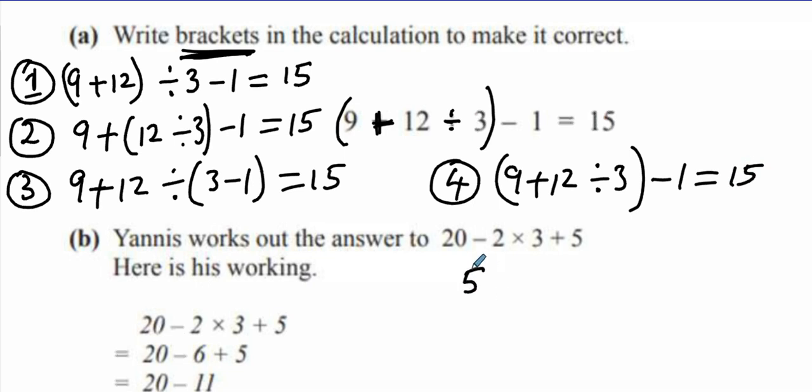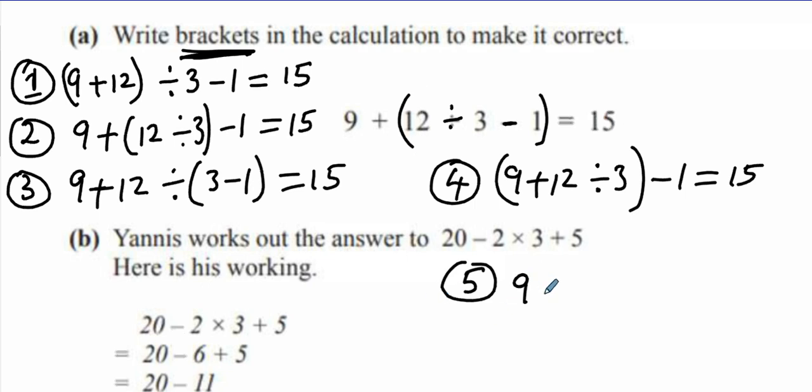The fifth possibility is when you put the division sign and subtraction sign, keep them in brackets like that. So this will be 9 plus 12 divided by 3 minus 1. See that you are getting something equal to 15.